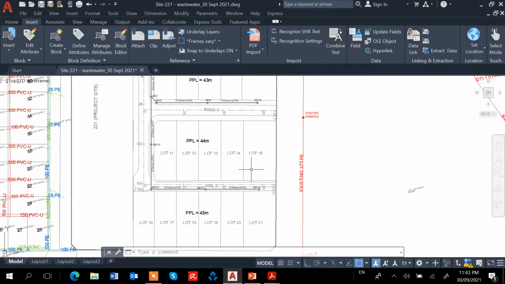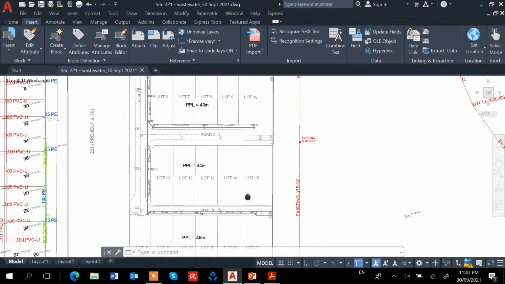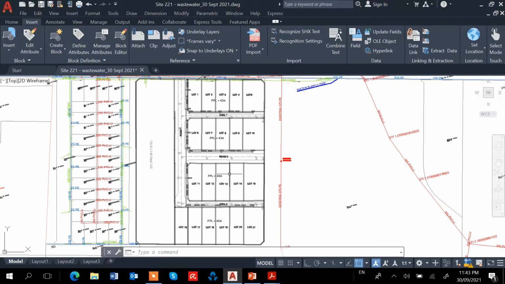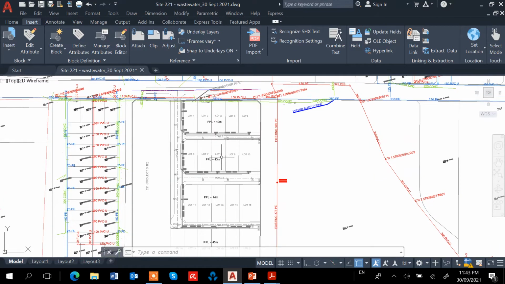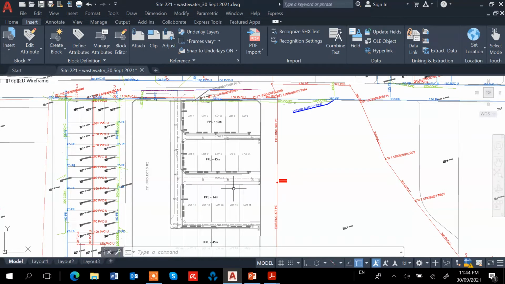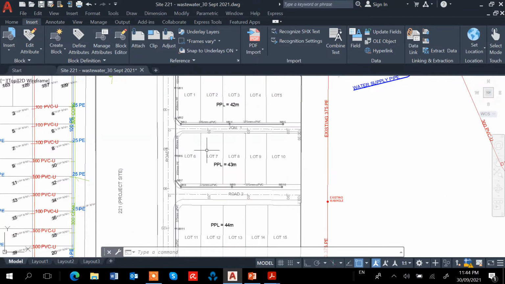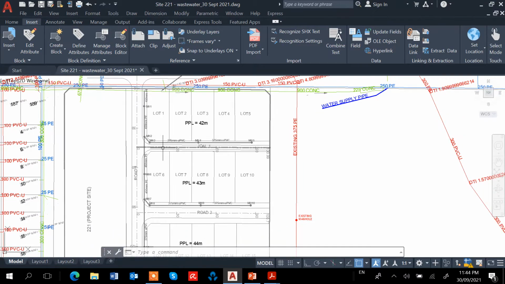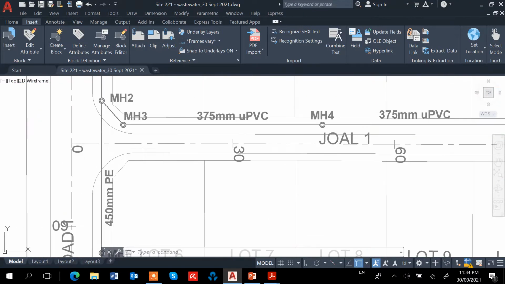First of all, we need to find the position of these sewer lines. This one is this scheme here. In the background we have these stormwater pipes, which I have blurred out.